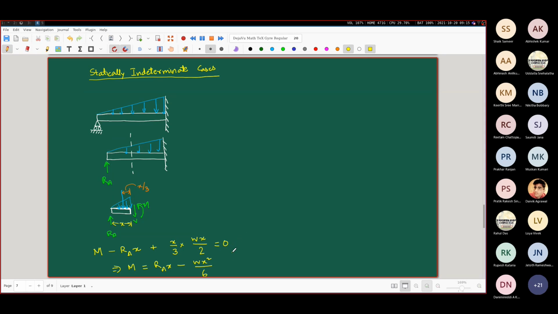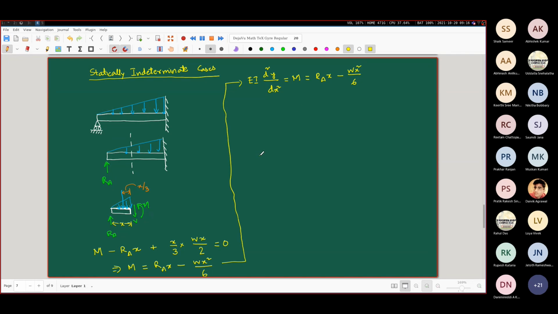So the equation, if we consider this version of the equation where we take the second order derivatives, this is going to be Ra into x minus Wx squared by 6.